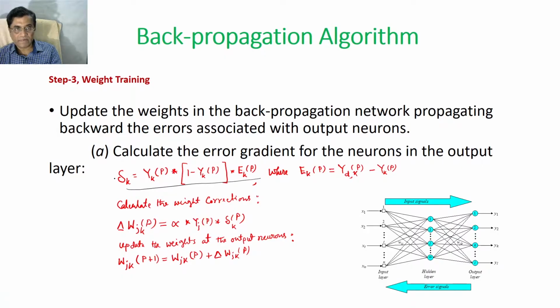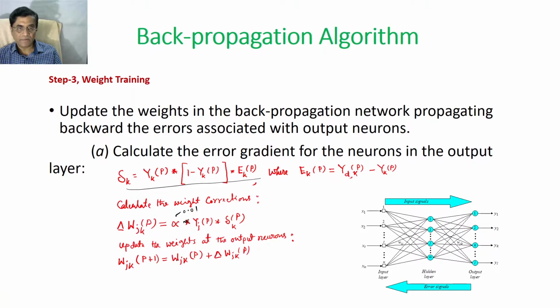Once you have the error gradient, you use it for weight correction: delta wjk for a particular epoch p equals alpha, where alpha is the learning rate as usual, it could be 0.01 or so, times yjp, which is the output of the jth layer and the input for the kth layer, times delta kp. Clear? Okay.